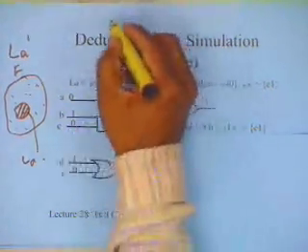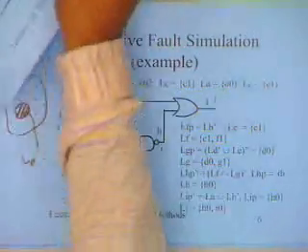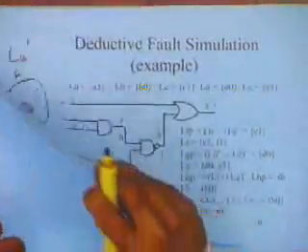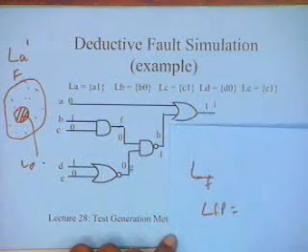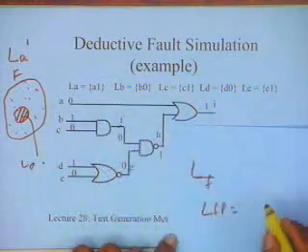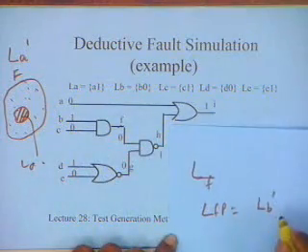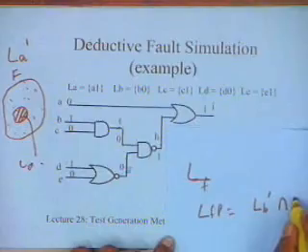So LF propagate, when I write in this manner. I think some of you may not be able to see what is written here, so I am writing again. For LF propagate, the faults that can be propagated, I had to take the intersection of the faults here and here, but for the true value which is 1, I will take complement of LB intersection LC.